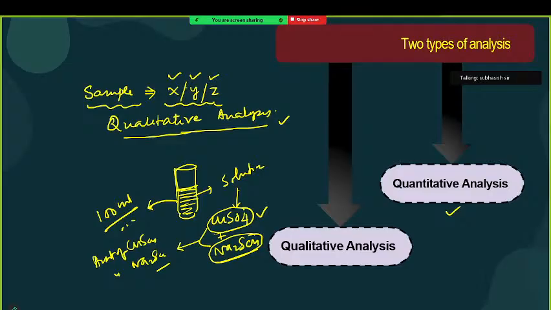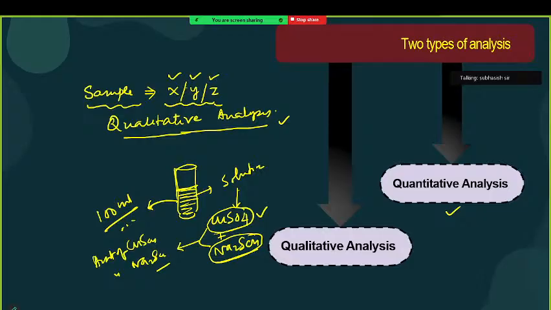The salts may be copper sulfate, zinc sulfate or sodium sulfate; they are known, but their amounts are unknown. This is known as quantitative analysis.